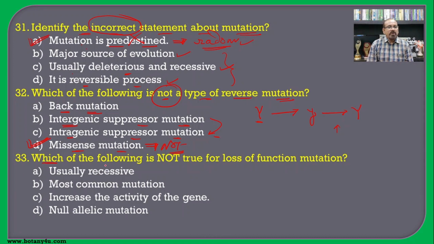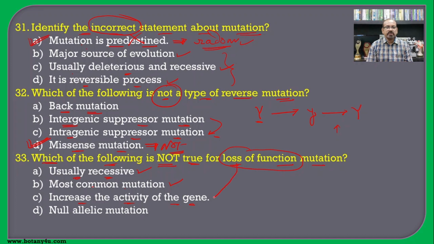Then which of the following is not true for loss of function mutation? The loss of function mutations are usually recessive as they have lost the dominant character function, which means it is correct. Then most common mutations, that mutations are very common, then increase the activity of the gene.